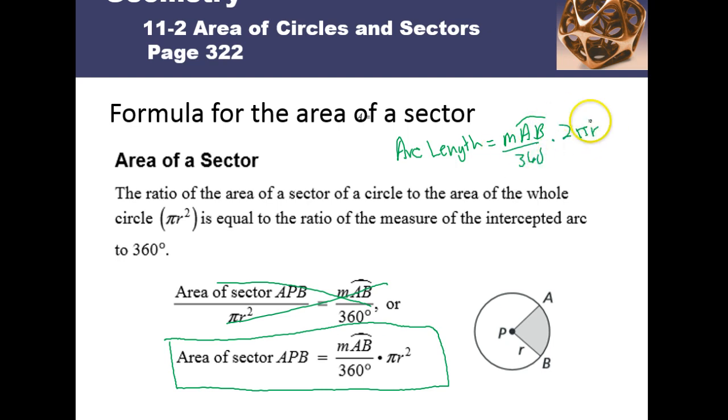And remember, 2 pi r is just the formula for the circumference of a circle, right? And here this part's the same, but it's pi r squared. And remember, pi r squared is just the area of the circle. Okay, so this is a formula that we're going to use, and we're going to try it with this other one.